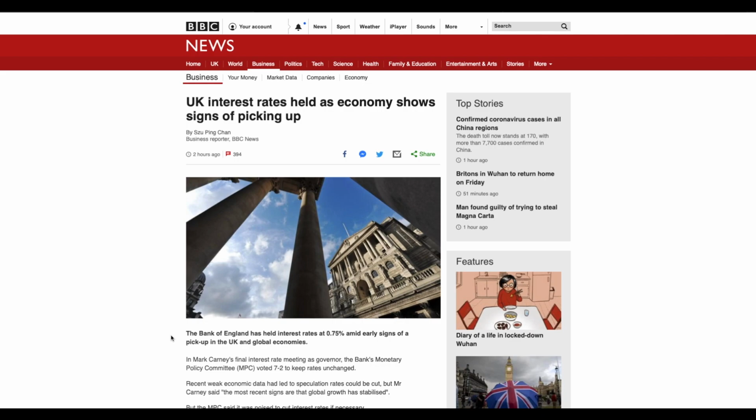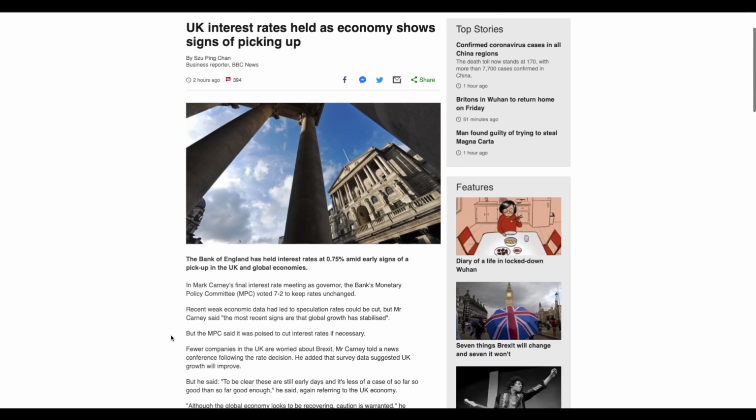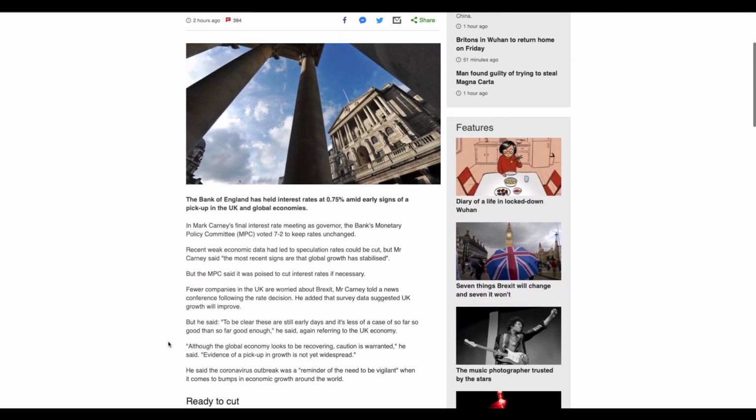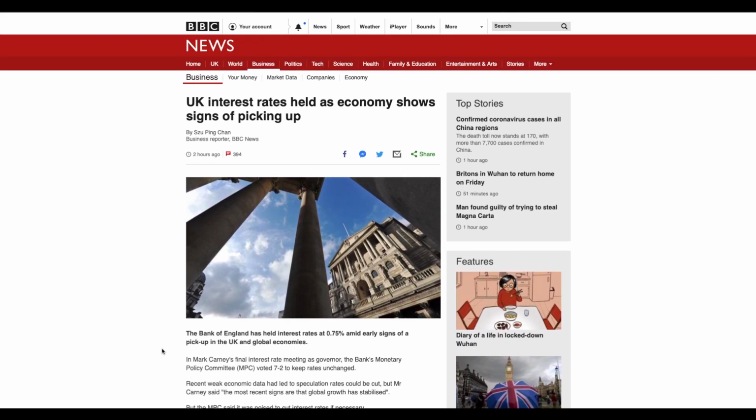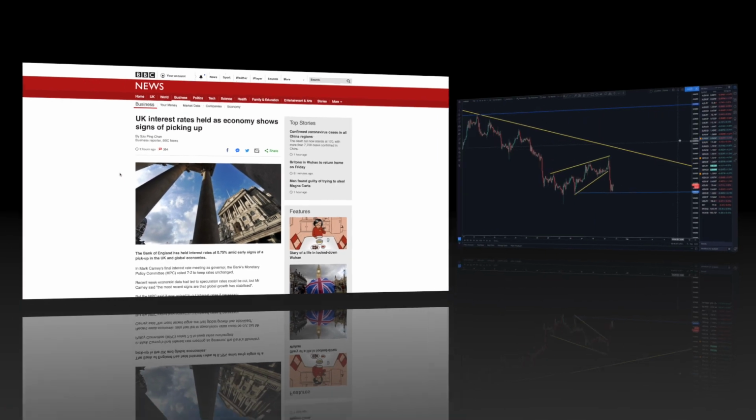So from 0.75, it would go down to 0.5. However, this didn't take place because today in the news we could learn that after Boris Johnson was elected, signs of positive action and positive development within the economy of the United Kingdom have been taking place, and as a result, today the Bank of England has decided to keep interest rates at 0.75.